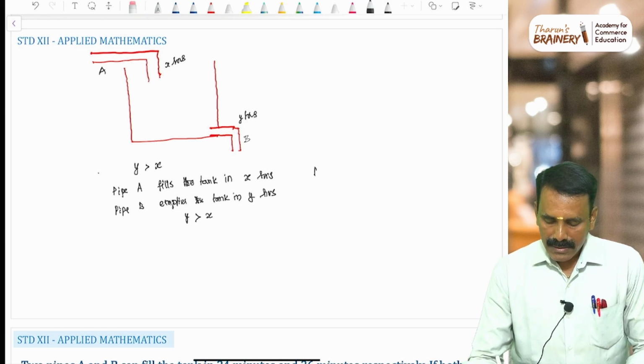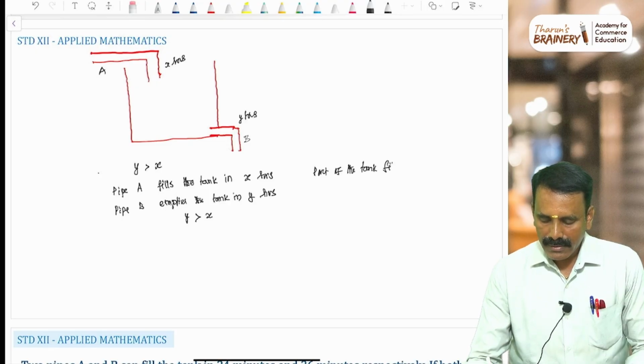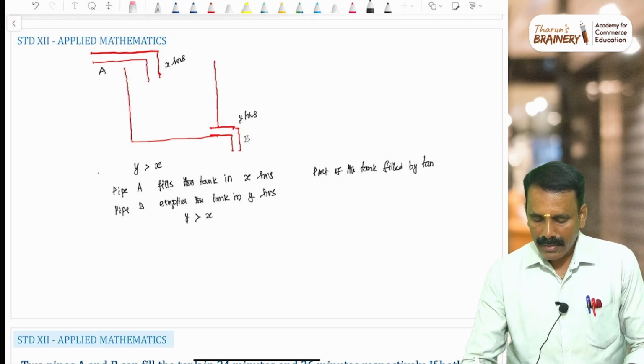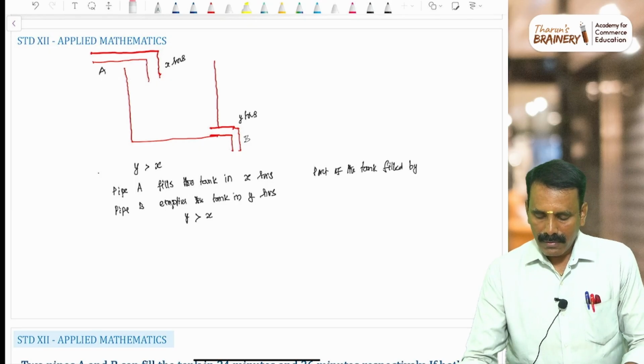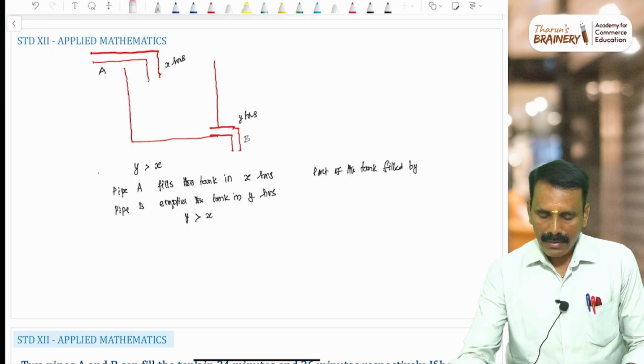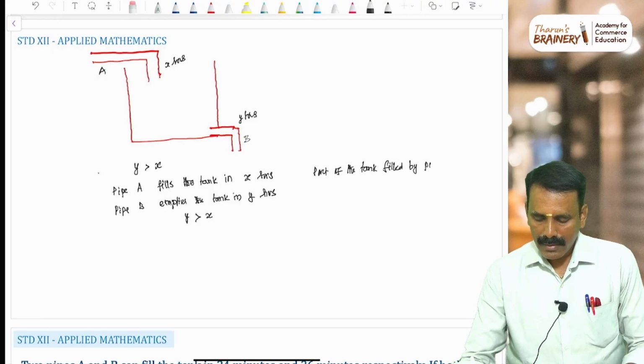In this case, part of the tank filled by pipe A is equal to 1 by X part.